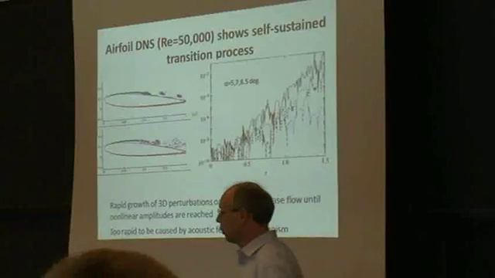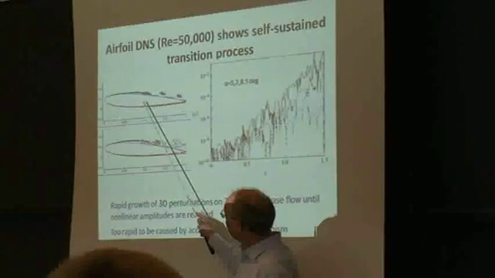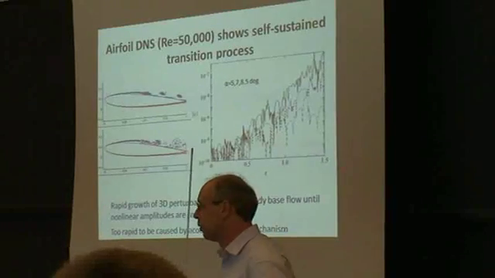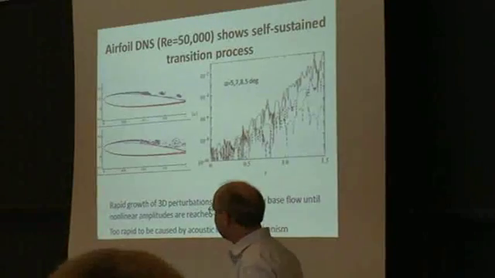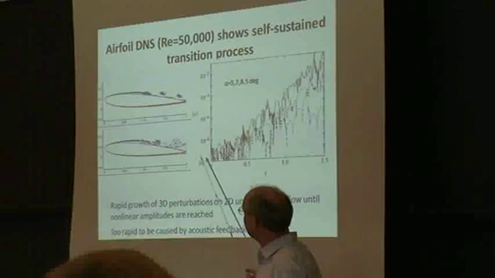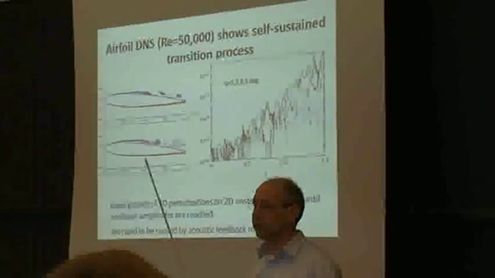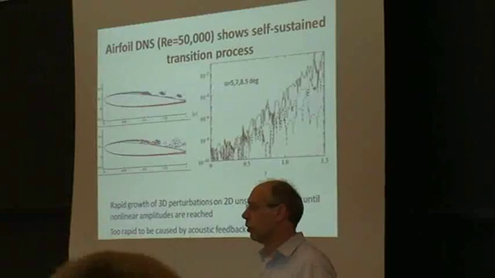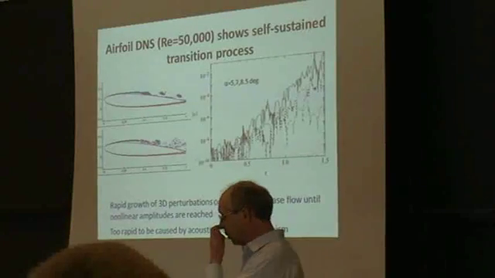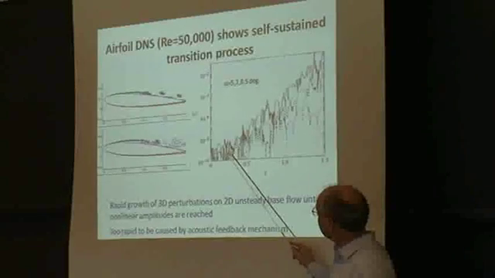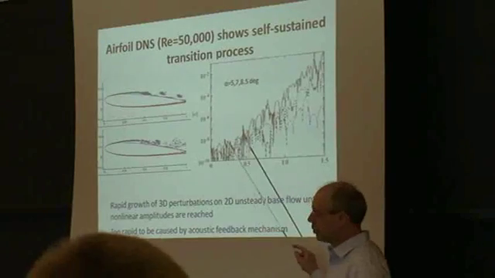So the question is, how does this instability sustain to keep us in a turbulent situation? What we did was we took the 2D base flow from this example, an unsteady base flow satisfying the Navier-Stokes equations, added small amplitude, 10 to the minus 10, random noise into it, and then ran the simulation in 3 dimensions to see how the small amplitude random noise grows. And what you see is that there is a very rapid growth of perturbations in spanwise velocity.